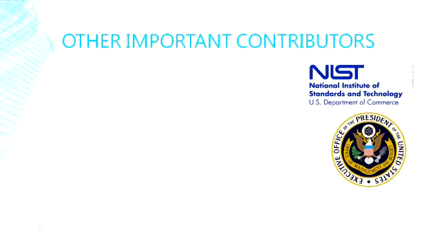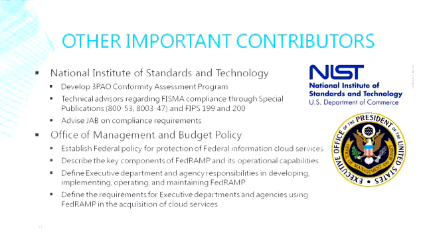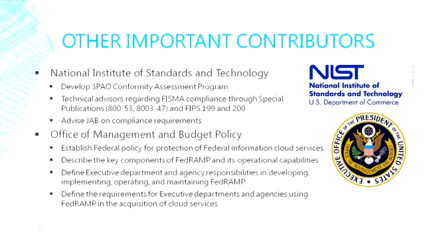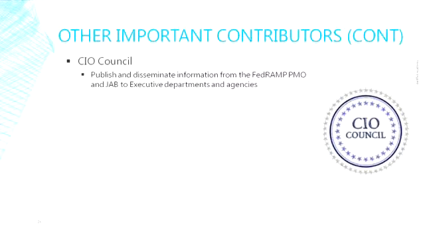Other important contributors to the FedRAMP program include the National Institute of Standards and Technology and the Office of Management and Budget Policy. The CIO Council publishes and disseminates information from the FedRAMP PMO and JAB to executive departments and agencies.